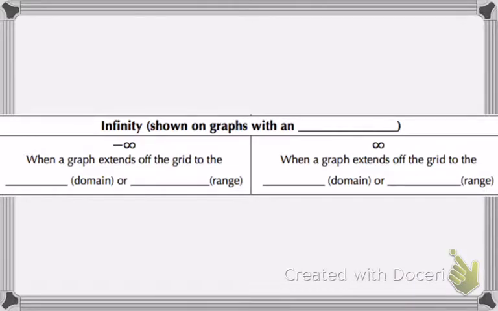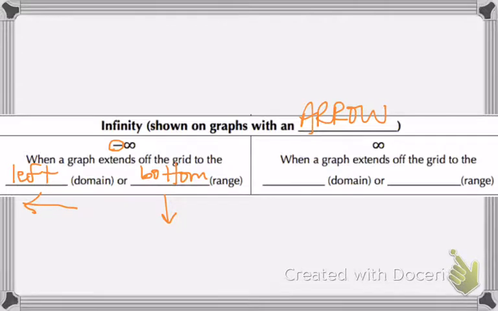And on graphs, because we have graphs that go forever and ever and ever, it's shown on graphs with an arrow. When a graph extends off the grid to the left with an arrow, or to the bottom for the range, then it's negative infinity.